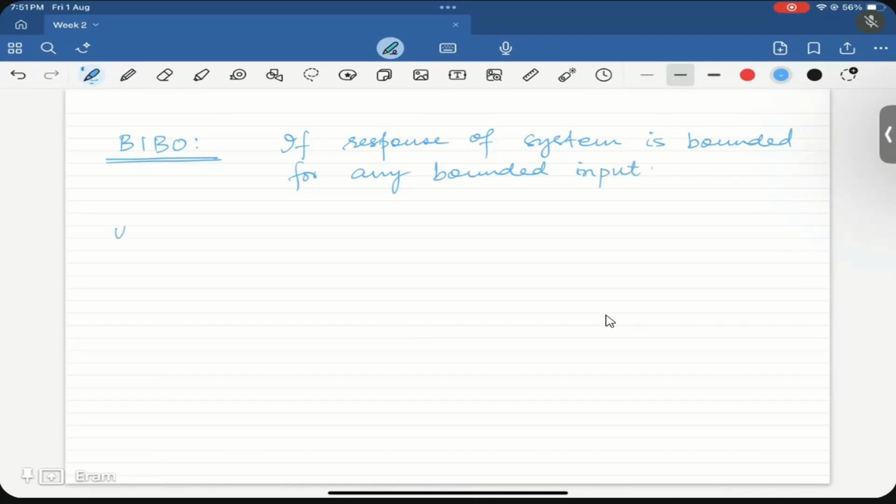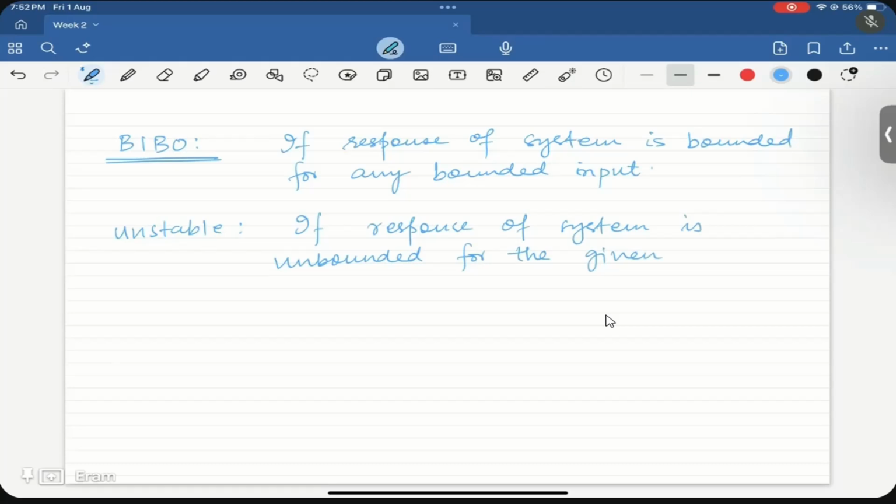And when we say the system is unstable, if the response of the system is unbounded for the given input, then the system is called unstable.